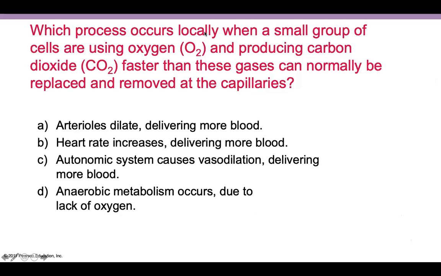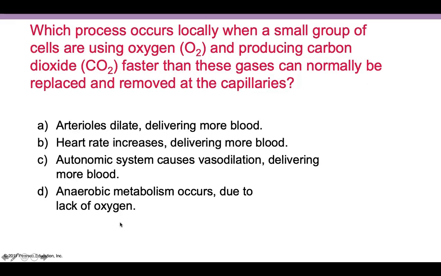All right, so there's a lot of response here for D. So the question asks, which process occurs locally when a small group of cells are using oxygen and producing carbon dioxide faster than these gases can normally be replaced and removed at the capillaries? So a lot of you selected D, anaerobic metabolism occurs due to lack of oxygen. So that's not correct, okay?